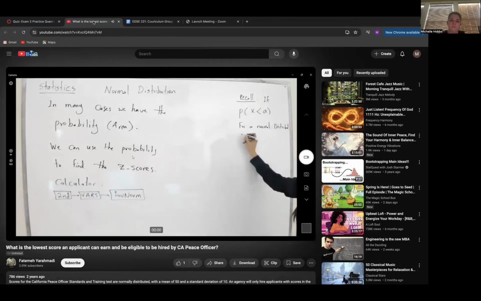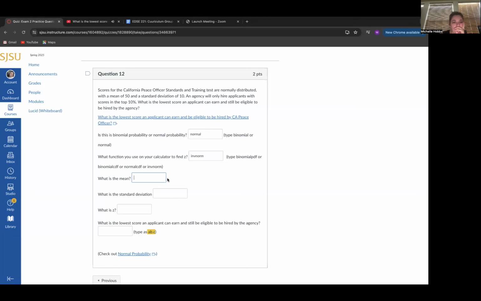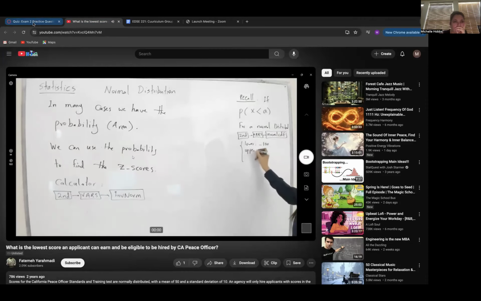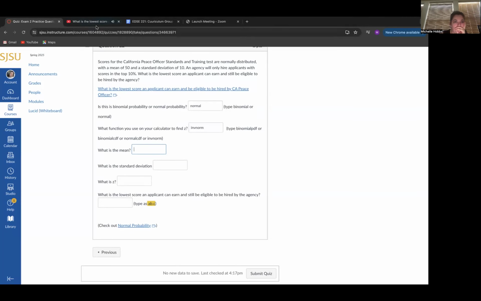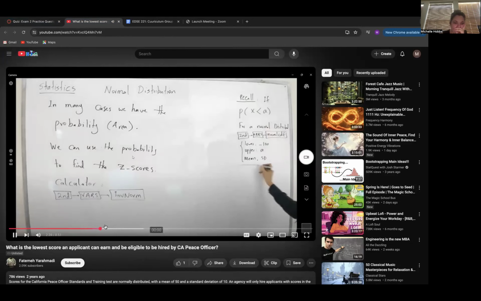You're going to go to second, vars, and you're going to use normal CDF. Then you have your lower limit, which is like -10, -100, a very small number. You're going to have your upper limit, which is a, the mean, and you have your standard deviation.